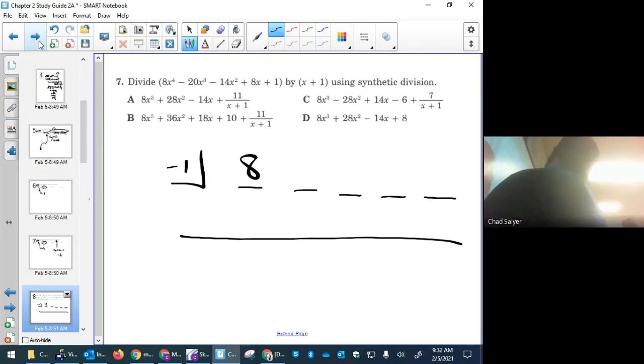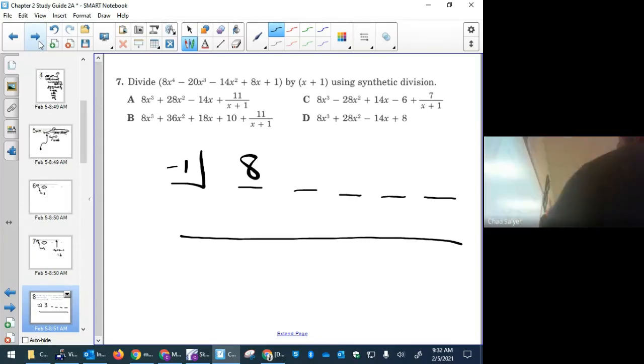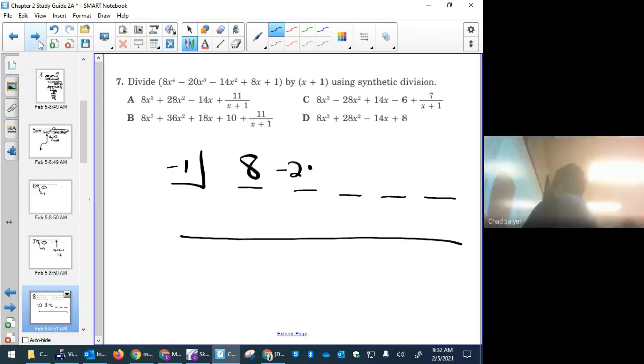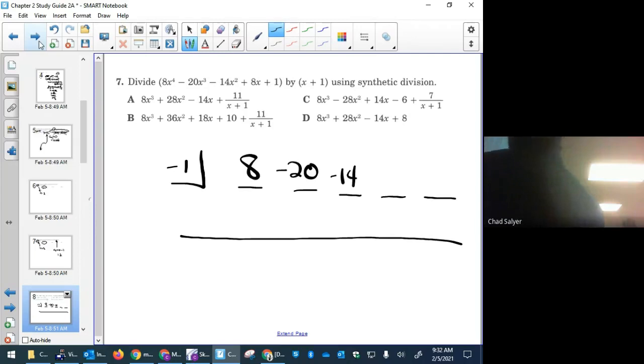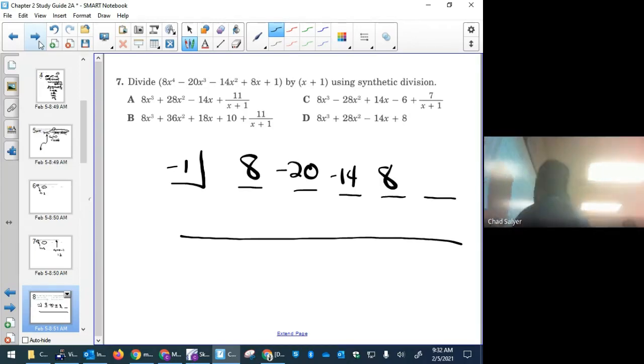Very good. Peyton, what about this one? 14. You skipped one. 20. Not just 20. -20. There we go. And then that one, of course, would be -14. Brittany, what about this next one? 8. Very good. Devin, what about the last one? Awesome. Everybody see where all that comes from?